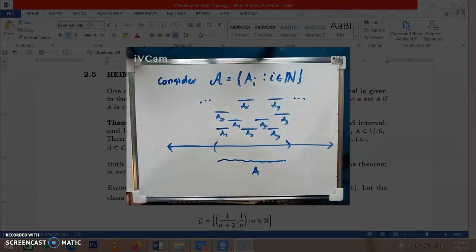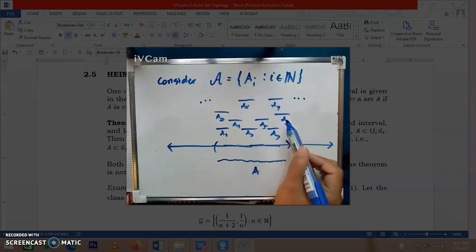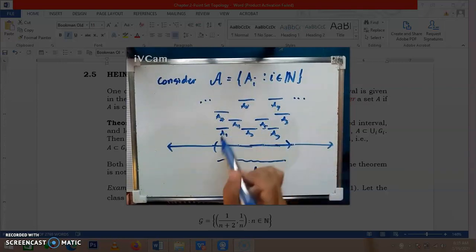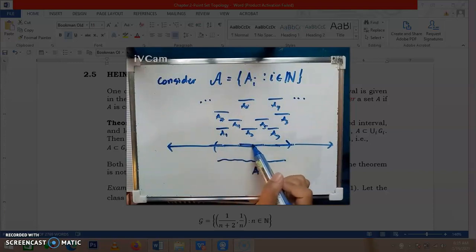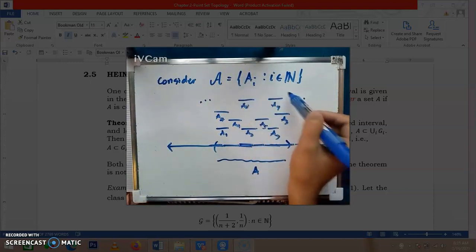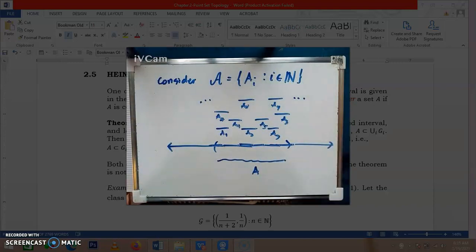Let us assume that this is A1, A2 is here, then A3 is here, A4, A5, A6, A7, A8, A9, and so on. So we can say that this class covers the set A. As you can see, it covers the set A.